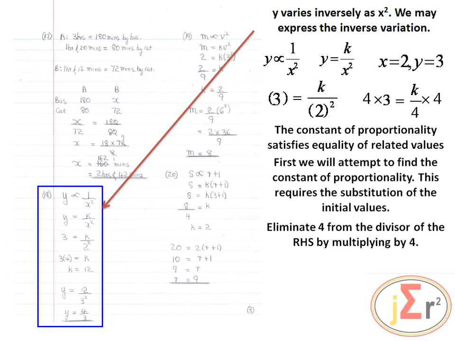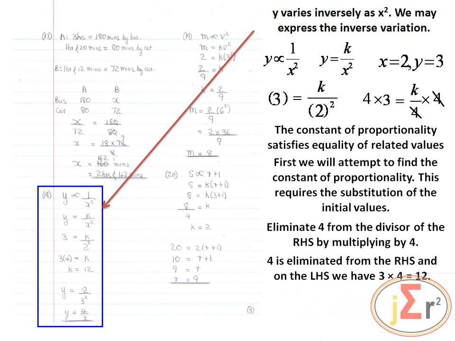So we are multiplying the right hand side by 4 in order to eliminate that denominator, and we keep the equation balanced by multiplying by 4 on the other side also.